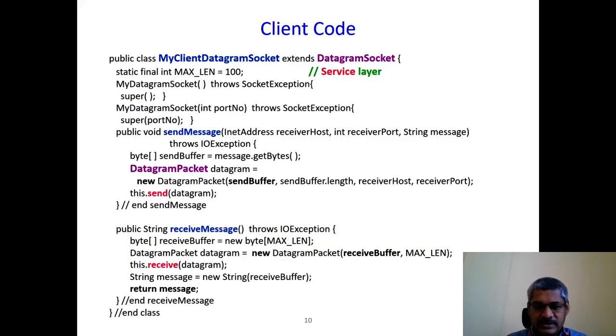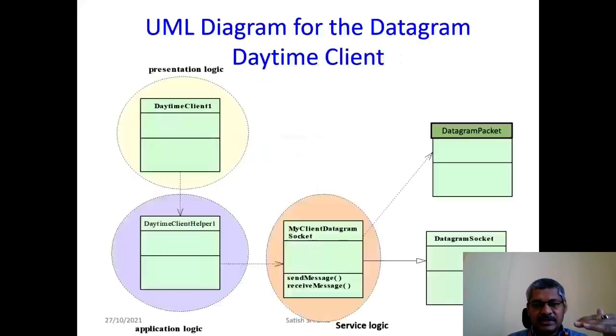So this is how you separate these three: the presentation logic, application logic, and service logic. And this is the UML diagram for this particular daytime client using the datagram sockets. You have this daytime client, which is the presentation logic as we have already seen, and the daytime client helper, which takes care of the application logic. The actual inter-process communication happens in MyClientDatagramSocket.java, which takes care of the service logic and has an association relation with the datagram packet.